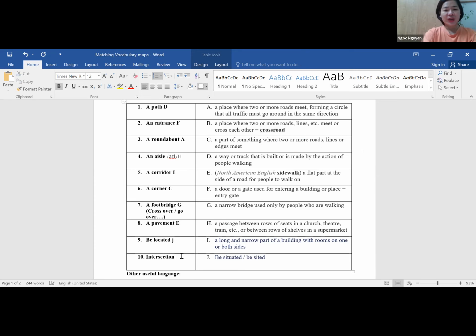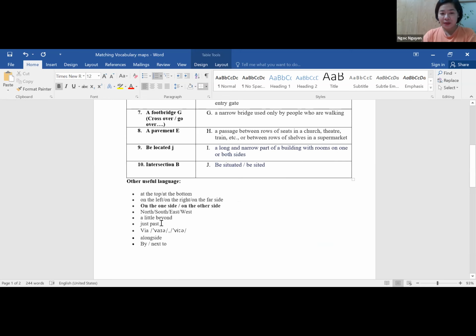Exactly. Thank you. Now, everybody, you will see that underneath the table there are prepositions, and I'm sure that you know very clearly what at the top or at the bottom means. Or you also, of course, know left, right. But I would like to discuss this pair: on the one side and on the other side.